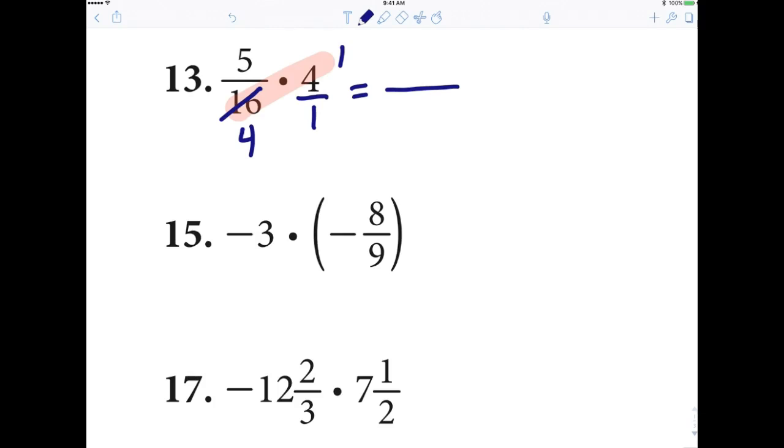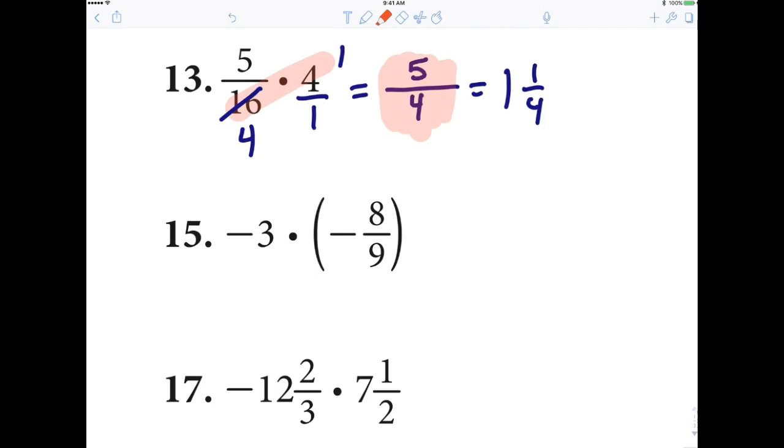5 over 4. Now listen to me. You don't have to write this, but just pay attention. I want everybody to see that's the same as 1 and 1/4. Does everybody agree with that? 4 goes into 5, 1 left over. Now listen to me. When you get to advanced math, we generally leave it as an improper fraction.